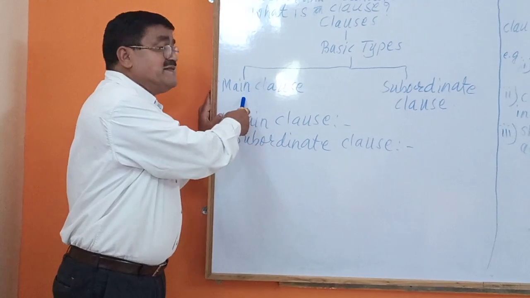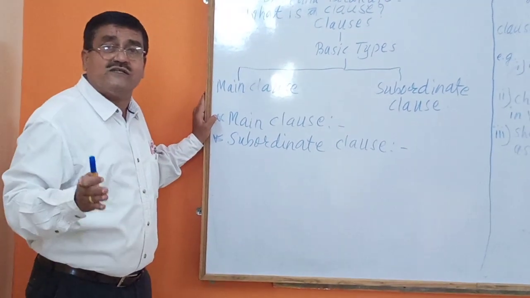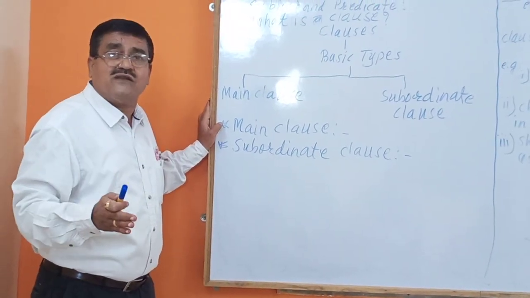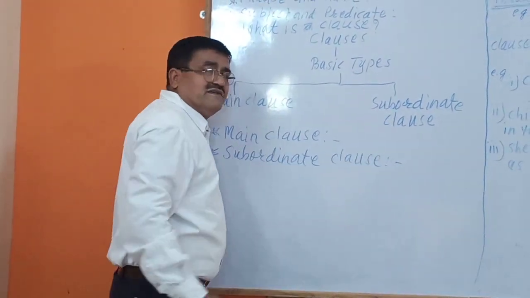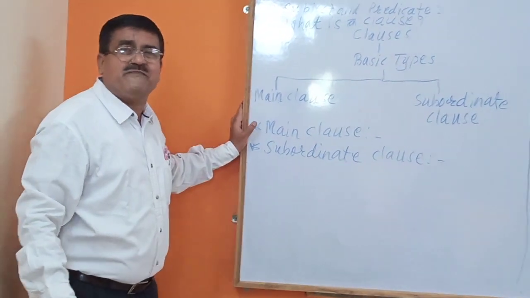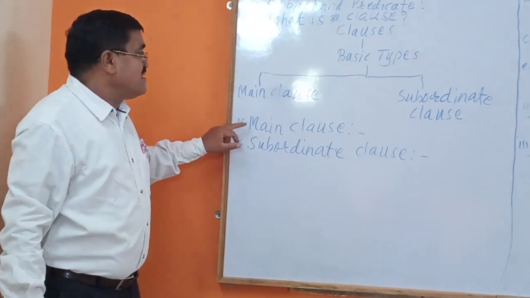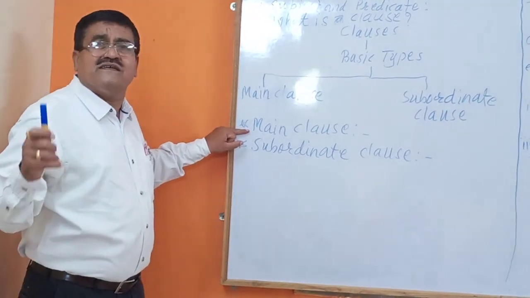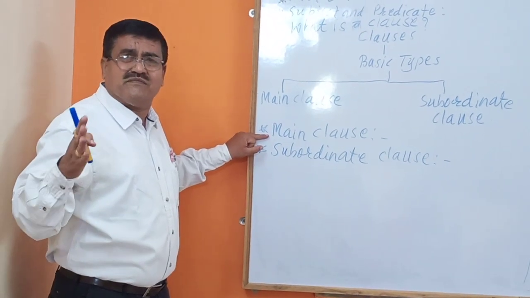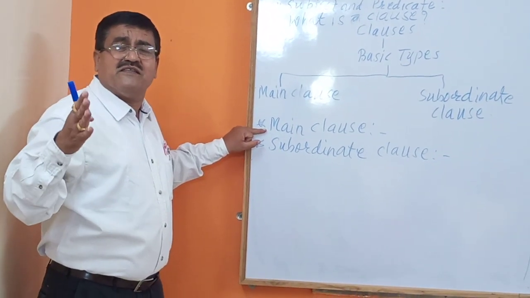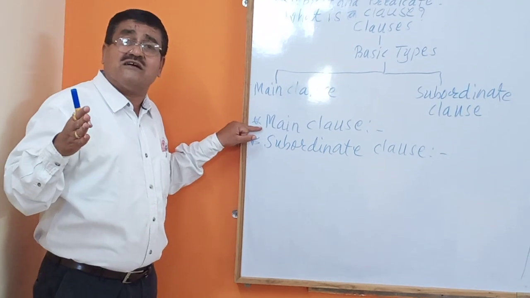That is main clause, which is also called the independent clause, the principal clause, and subordinate clause, which is also called the dependent clause.